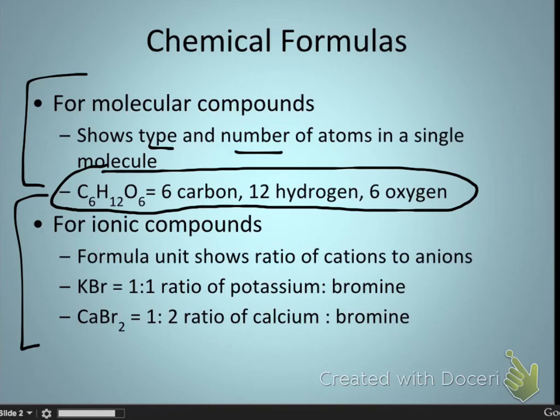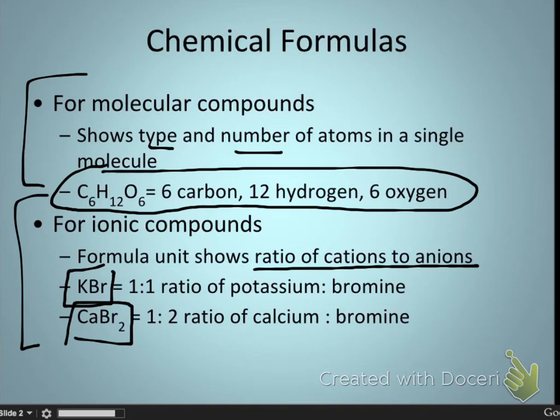So what the formula shows is just the ratio of positive to negative ions. Okay? So in potassium bromide, KBr, it's a 1-to-1 ratio. And in calcium bromide, it's a 1-to-2 ratio. So those subscripts just show the ratio.